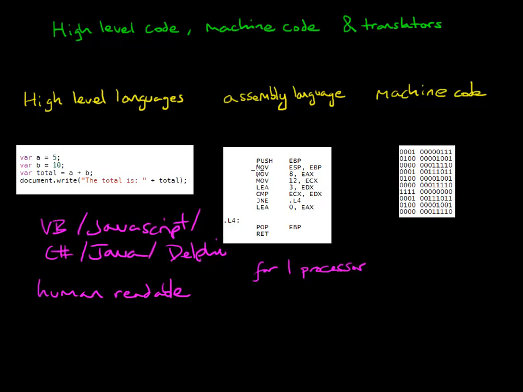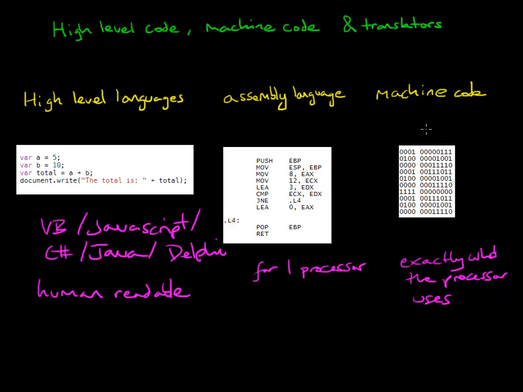Here I've got mnemonics, which are easy to understand, along with the data and registers. The machine code is exactly what the processor uses. And there is a direct translation between this assembly language and machine code.